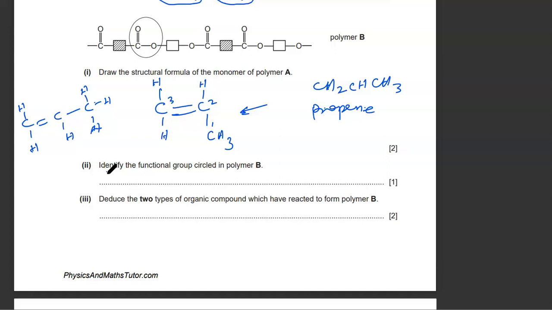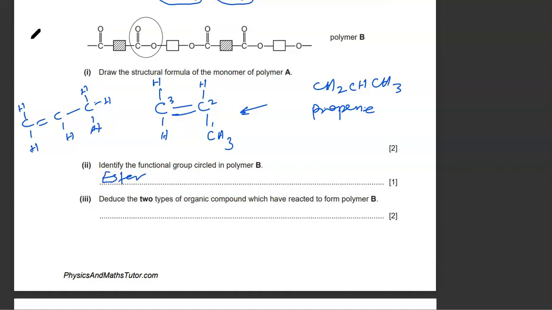Not in the monomer, in the polymer. What is the name of the link? This one is an ester link. Brilliant. That's an ester link. So the functional group is ester.